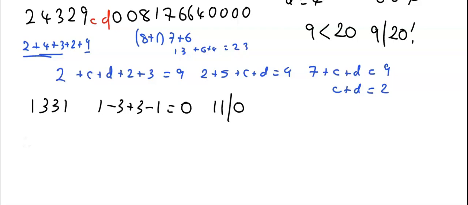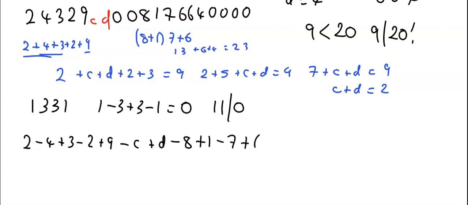So we look here, we have 2 minus 4 plus 3 minus 2 plus 9 minus C plus D minus 0 plus 0 minus 8 plus 1 minus 7 plus 6 minus 6 plus 4, and the rest is 0.